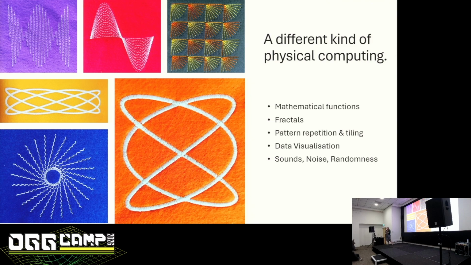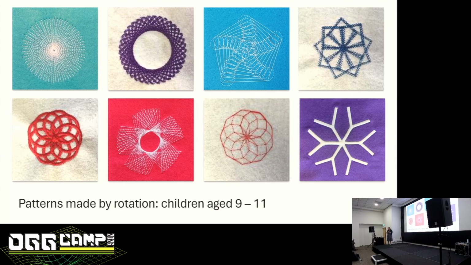It's a bit addictive. So this is the kind of patterns we'll see from young children 9 to 11. We tend not to work with younger ones because 9 is where they start feeling confident about angles. Now most of this is rotation. So we teach them how to do a shape, and the woo comes when you show them how to rotate it.